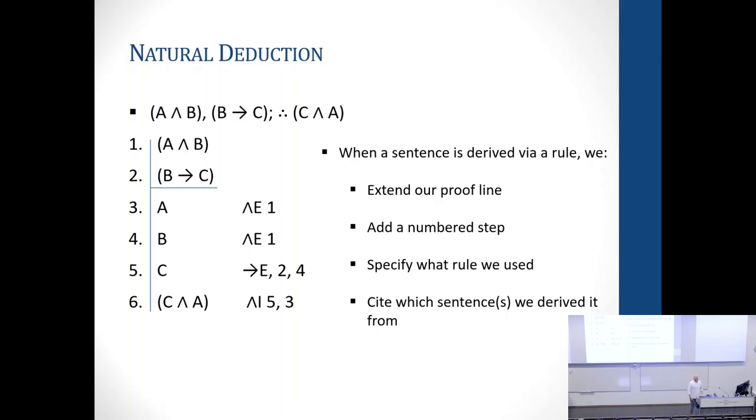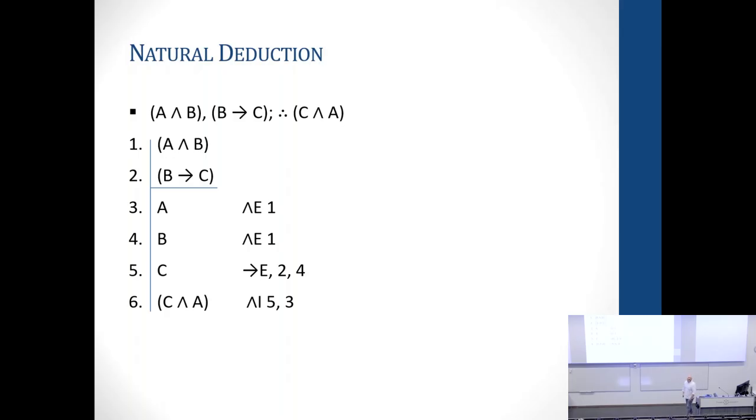Cool. So here you go. This is our first natural deduction proof, right? The whole idea here is actually straightforward. It is talking through and laying out the steps you would use to go from premise to conclusion. The trick is going to be knowing the rules that let you do that.